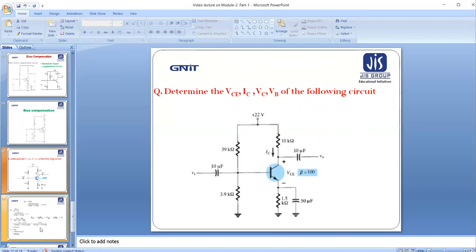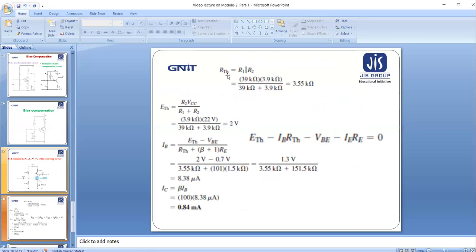So the first step is to determine the Thevenin resistance, equal to R1 parallel R2, that is 39 parallel 3.9, which becomes 3.55 kilo ohm. Then the Thevenin voltage, which is equal to R2 VCC by R1 plus R2, and putting in the values, we get 2 volt of the ETH.